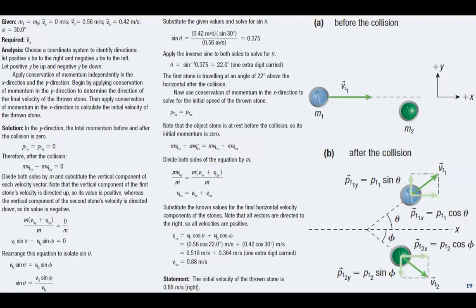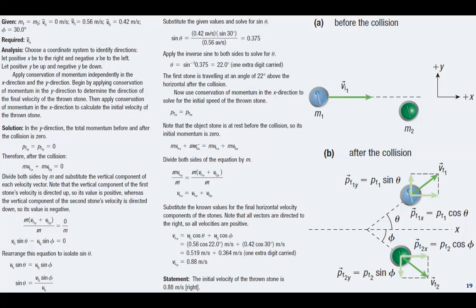Then divide both sides by m and substitute the vertical component of each velocity vector. Note that the vertical component of the first stone's velocity is directed up, so its value is positive, whereas the vertical component of the second stone's velocity is directed down, so its value is negative.